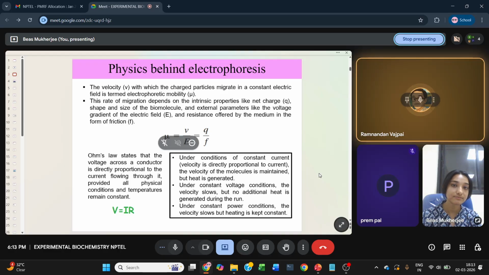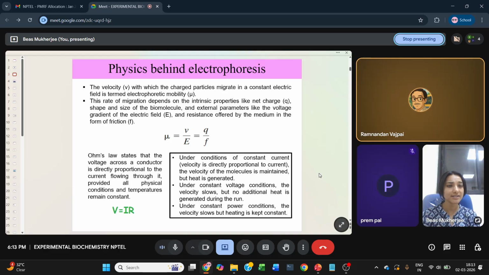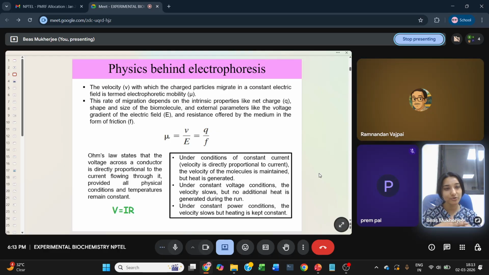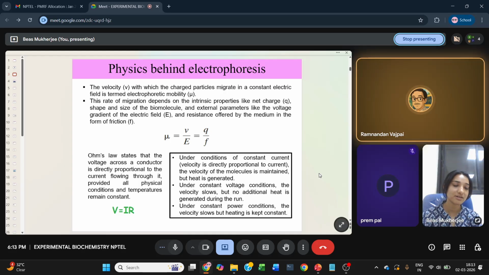Ma'am, in the past few days I have been isolating and separating proteins, and when I'm running the gel, the dye front merges with the protein of interest. My protein of interest is around 38 kDa. The dye front merges with your protein of interest? Yes, ma'am. Could you help me to troubleshoot that?